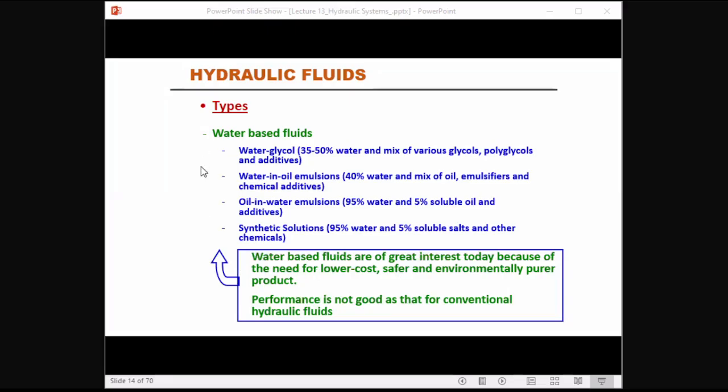This type of water-based fluid is low cost and safer. Its safety is good because of fire resistance. Okay, these are the things we can consider. Then it is environmentally pure, okay, it means environmentally good. Then performance is not as good as that of conventional hydraulic fluid. Okay, comparing with the hydraulic fluid, this type of fluid's performance is not good.